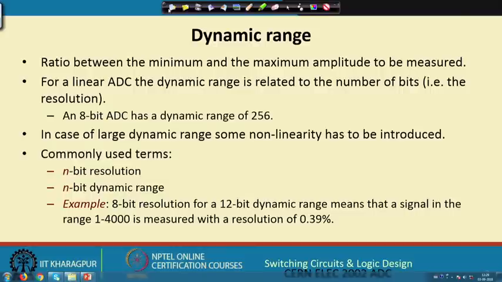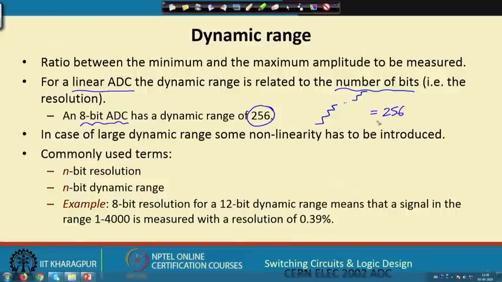Now, there are a few things, let me tell you. For a linear AD converter, meaning the output and input are proportional, the dynamic range can be calculated by the number of bits. Like for an 8-bit AD converter we will have a dynamic range of 256, because there are 256 steps. So, when you divide the maximum voltage by the minimum voltage, that will be equal to 256.